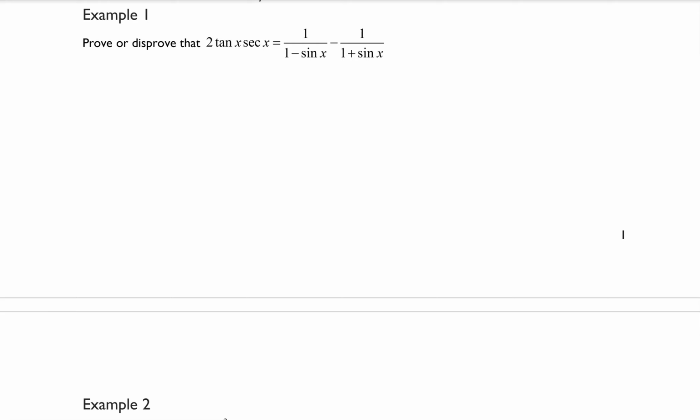So when you are trying to prove a trigonometric identity, you want to usually start with one side of the equation and end up as a final value the other side of the equation. And so generally we'll write either LHS for left-hand side or RHS for right-hand side of the equation. So in this one, I'm going to start with the right-hand side.